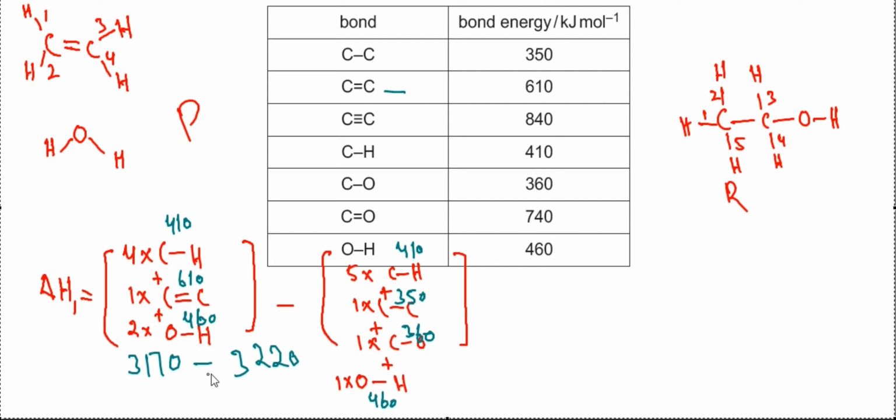As we clearly know that the energy released is higher, the final answer should be negative. So the answer I got is 50, but it is in minus. The unit for this is kilojoules per mole.